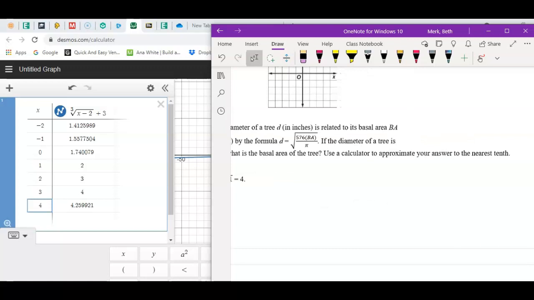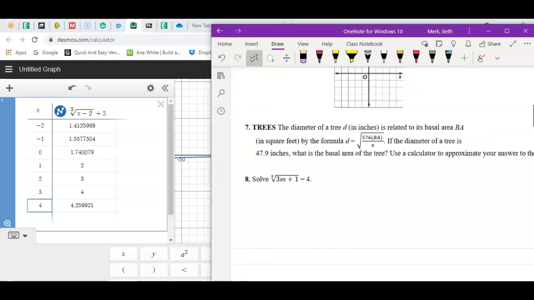So, what do they tell us? They tell us that the diameter of the tree is 47.9. That's what's going to go in for our d value. 47.9. And on the right, 576 times the basal area divided by pi.